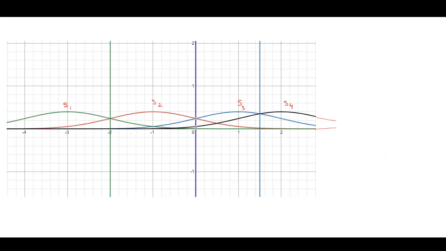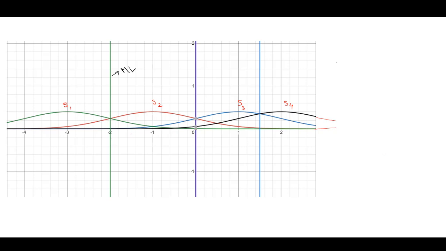In order to draw the ML decision boundary between S1 and S2, we have to find the arithmetic mean, which is -2. Hence this line drawn is the ML decision boundary. Anything on the left side will be decoded as S1 and anything on the right side will be decoded as S2.